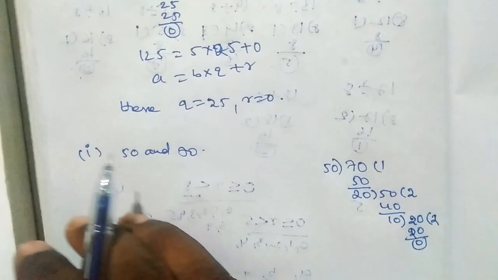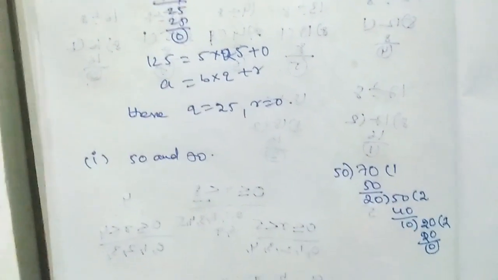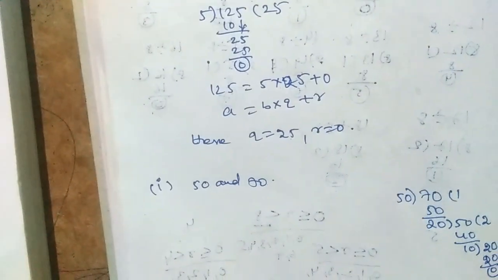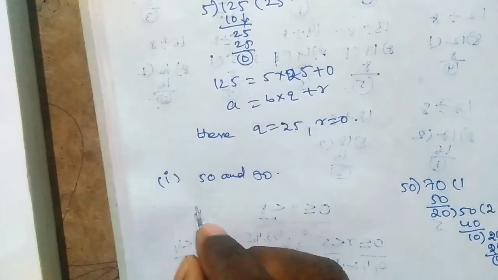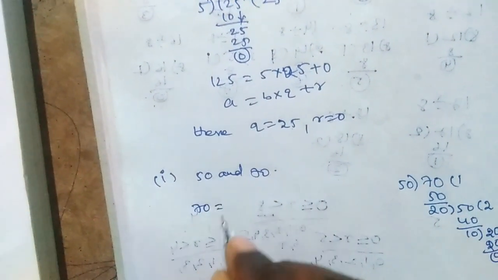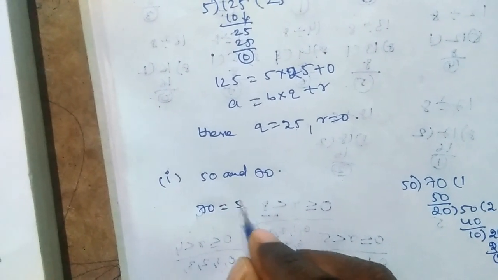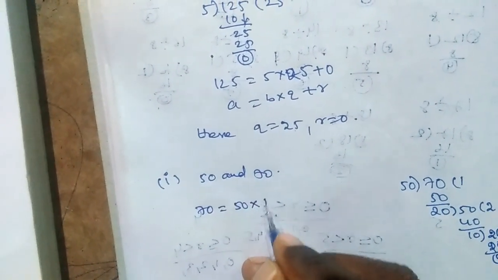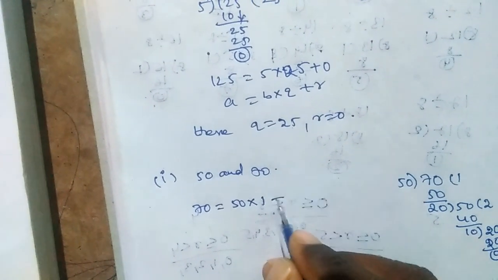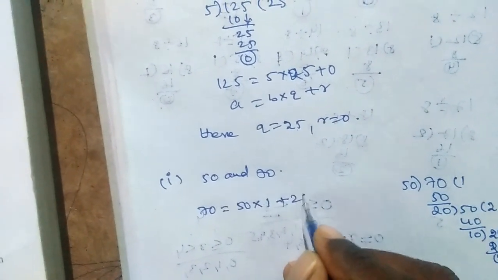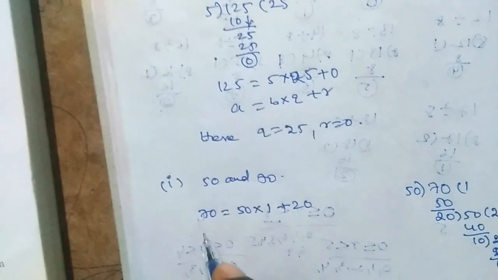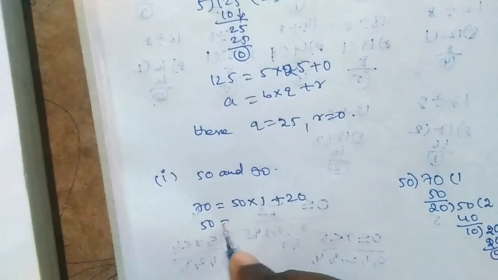So I express it in the form of the Euclid division algorithm. How can I get 70? 50 into 1, 50 ones are 50, plus 20. Now I divide 50.